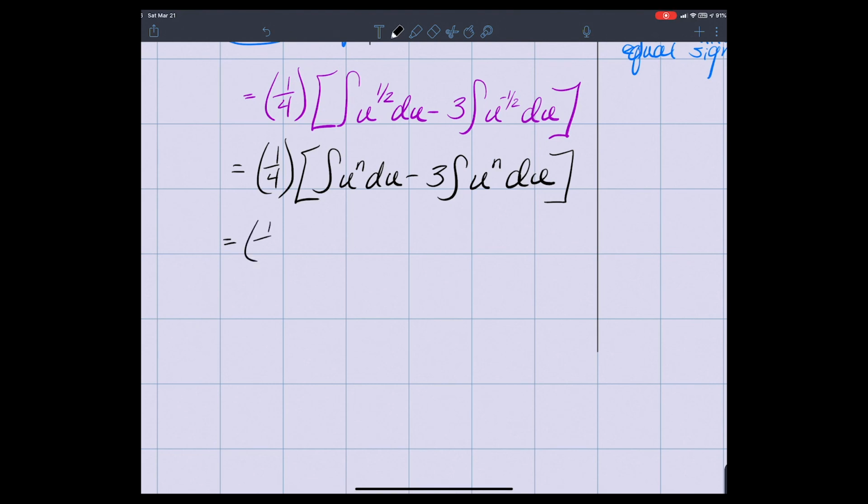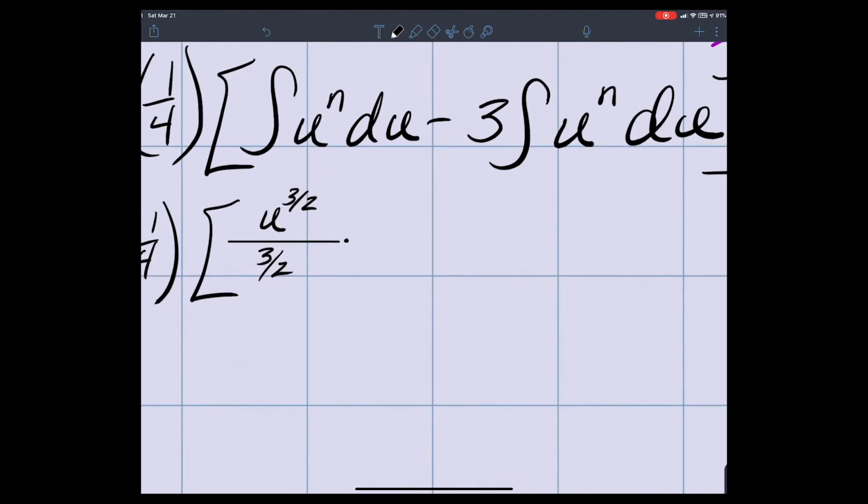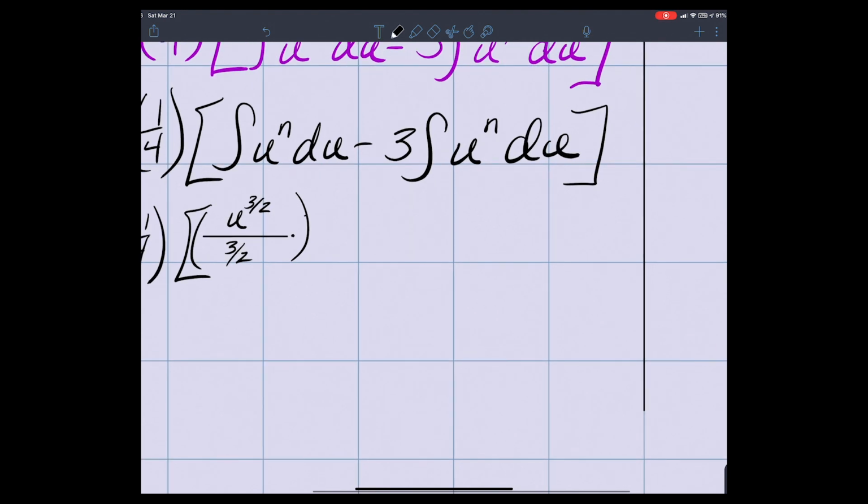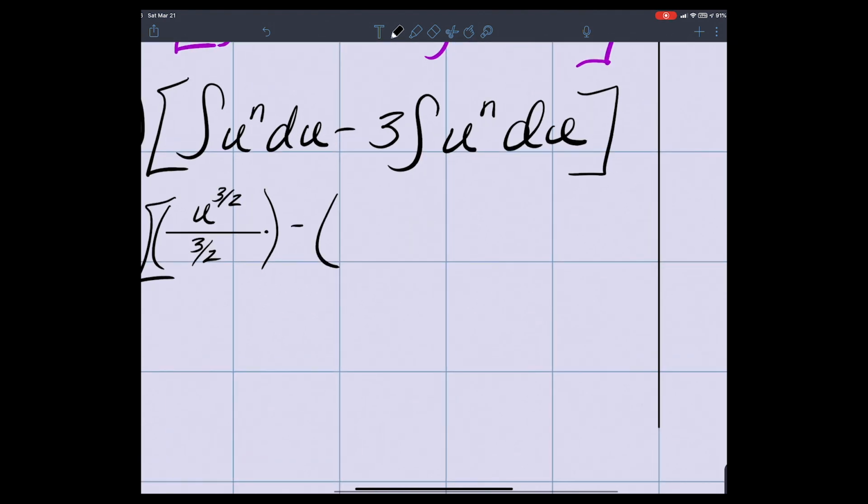And the way that we do this is to just follow the rules. So I'm going to do step by step so you guys can see. Over 3/2. And this is, remember, this isn't multiplication. That's just to let you know you need to do something with me. You need to clean this up. Plus c.